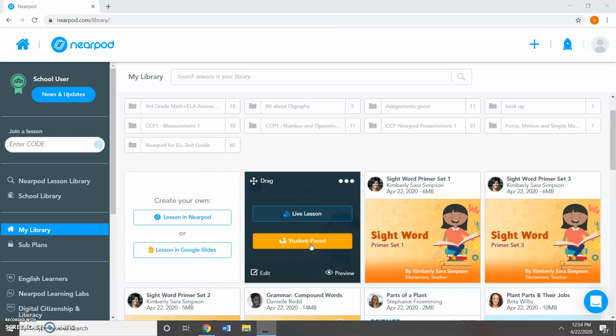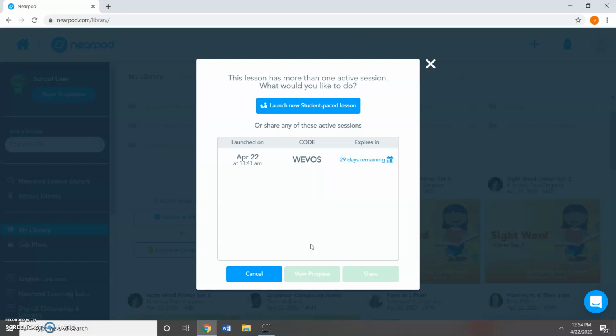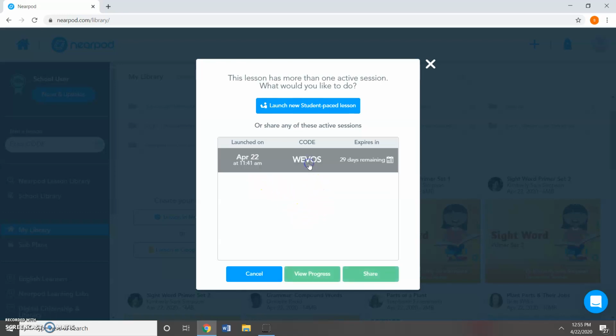So student-paced lessons, if you click on it, it will give you a code. Now I have already done this before, so this is the code that it gave me at 11:41 a.m. today. When I click on the code, I can now view the student's progress.